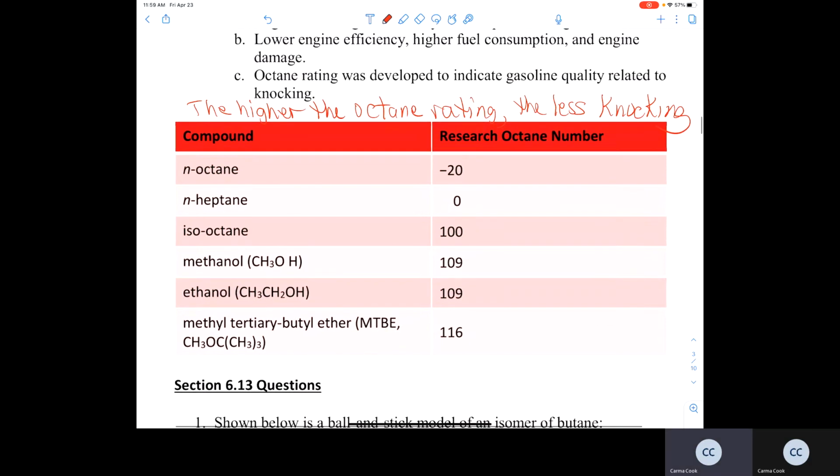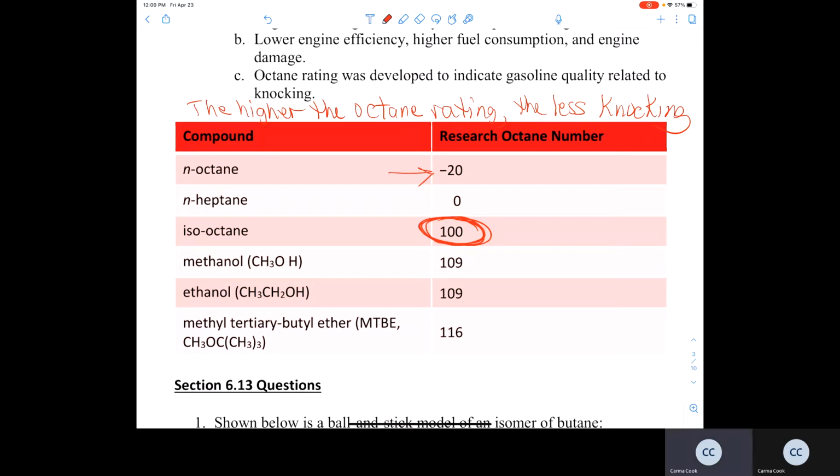And so note that isooctane has the 100 octane number rating, whereas N-octane, the linear isomer, has a very low octane rating number, -20.